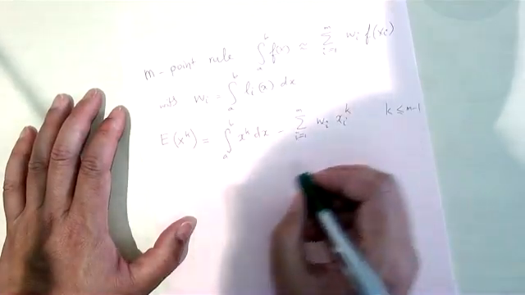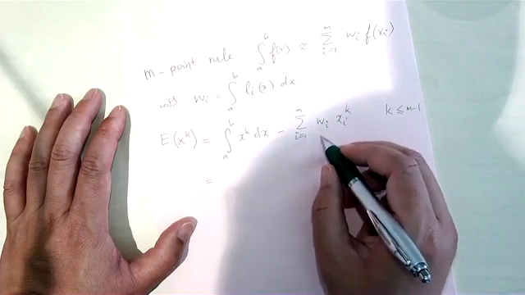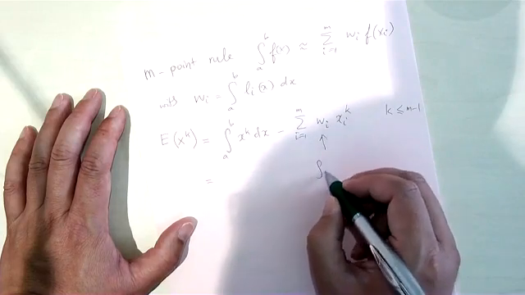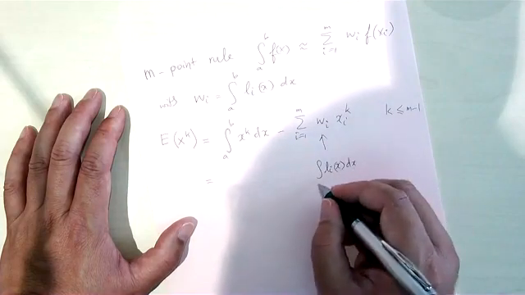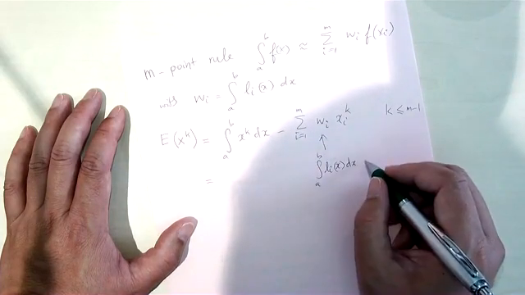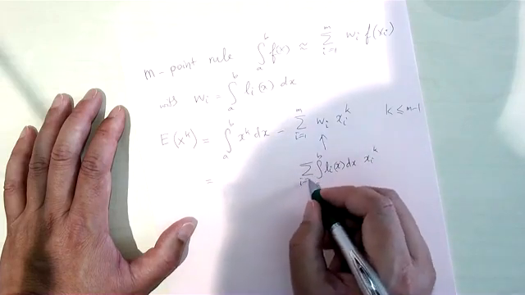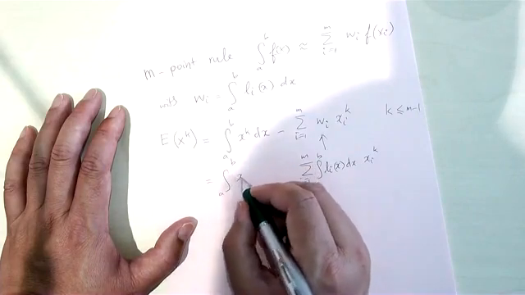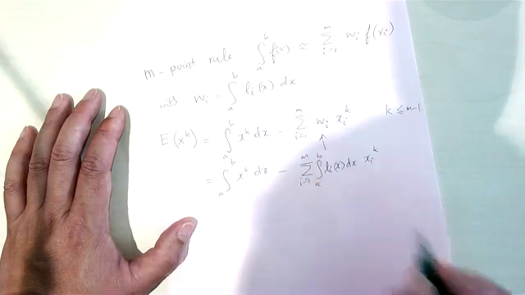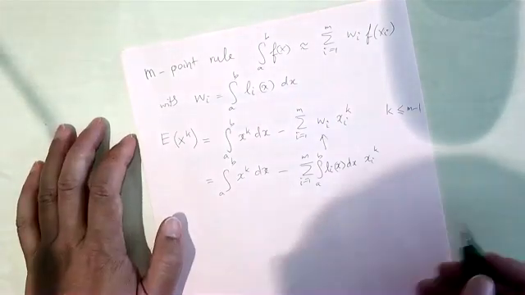So then, by definition, this one is just the integral of L_i(x) dx from a to b, right? And this one is just x_i to the k, i from 1 to m. Yeah? And now I can redistribute it.